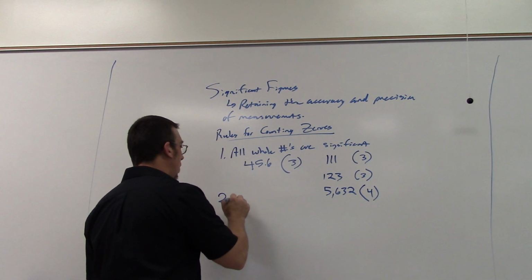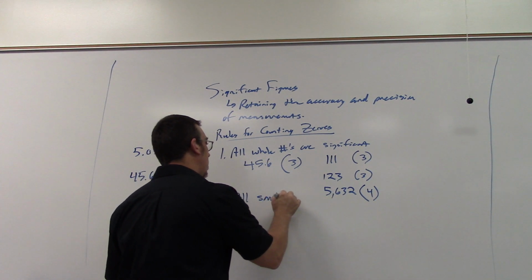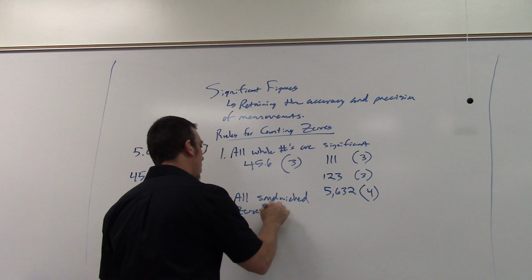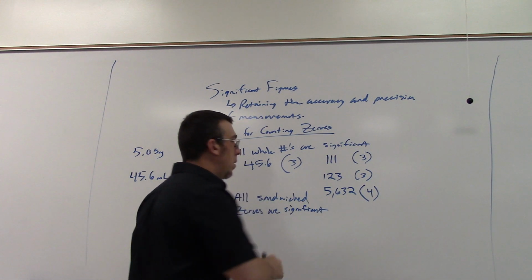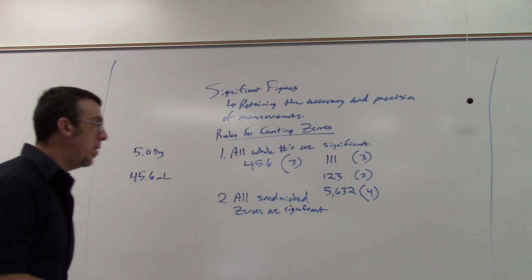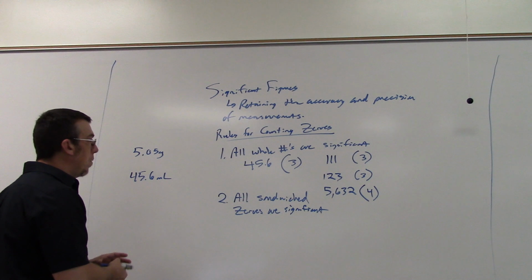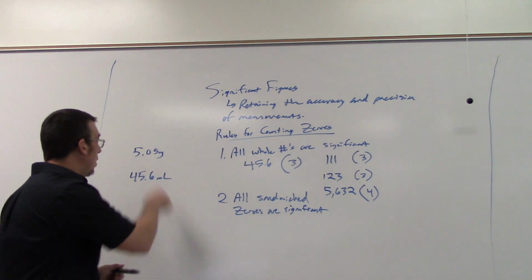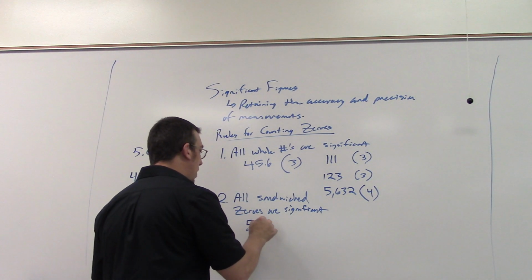The second rule is all sandwiched zeros are significant, meaning that they are going to count. So again, the rules of zero is really paying attention to how that zero lies within the number itself, so that we can pay attention to whether it's actually significant and would be counted or not. Let's go back to the first example here. We have 5.05.